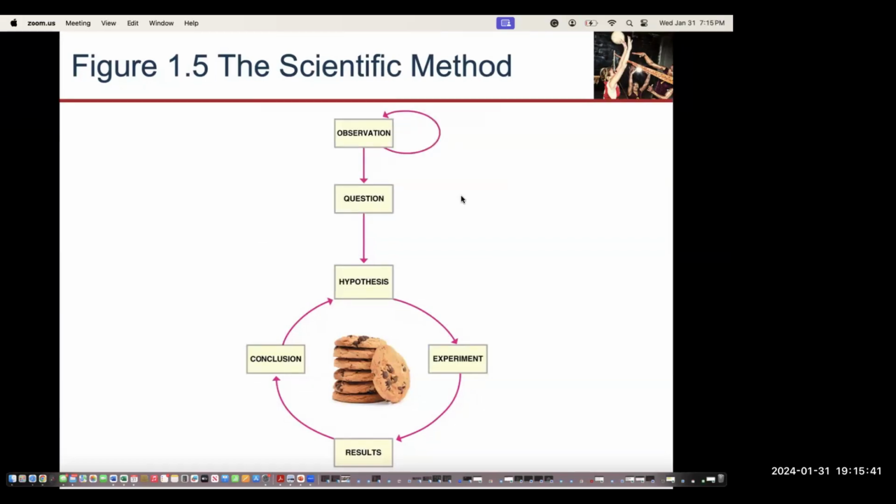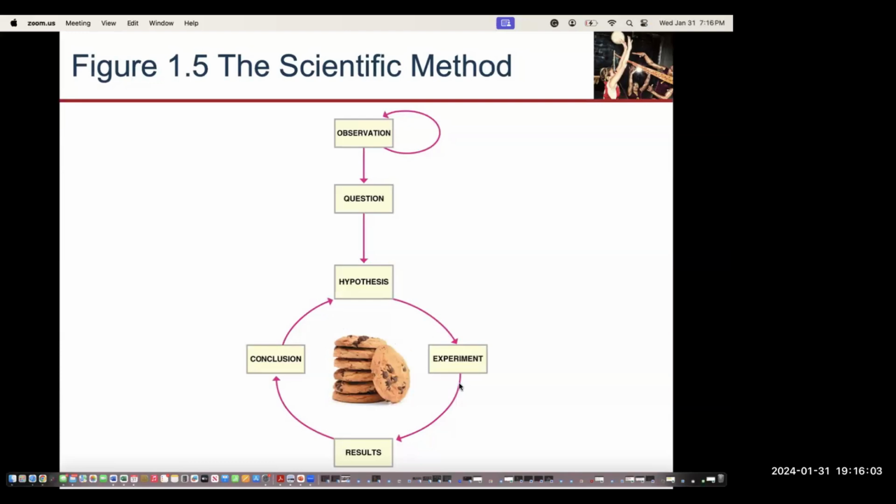So in that case, why is the sky blue? Then we have a hypothesis. Well, the sky is blue because it's water upside down, or something along those lines, why we believe the sky is blue. So it's kind of like a guess as to what the answer is going to be.